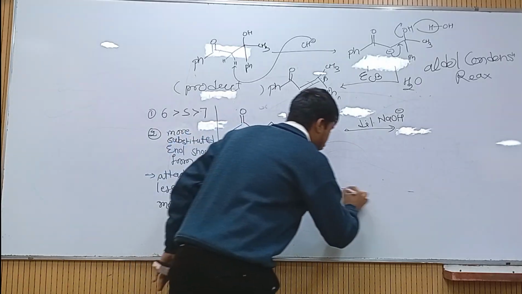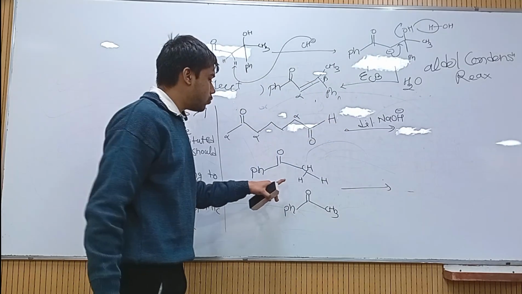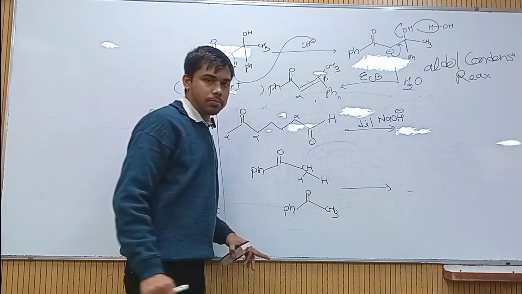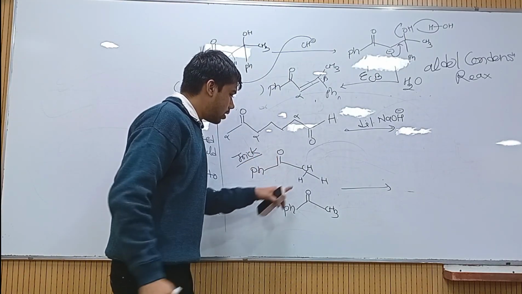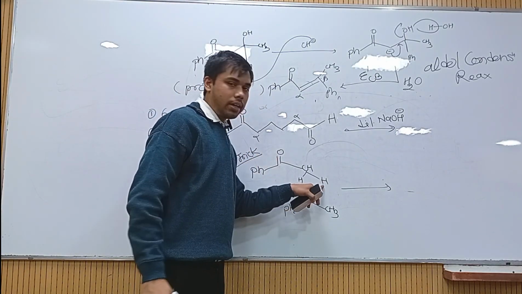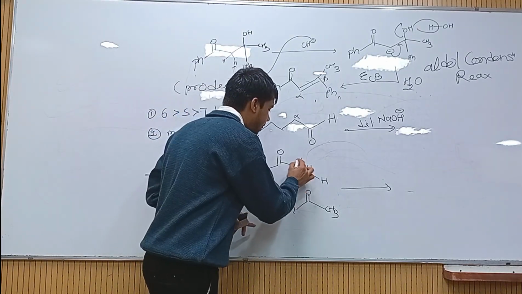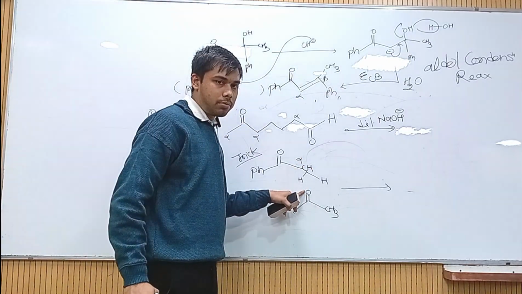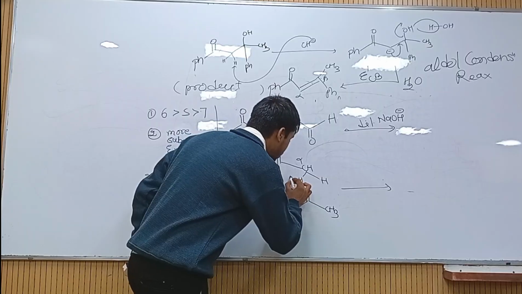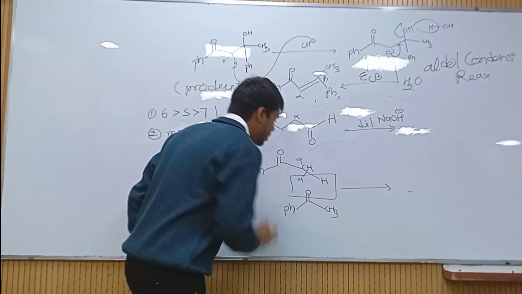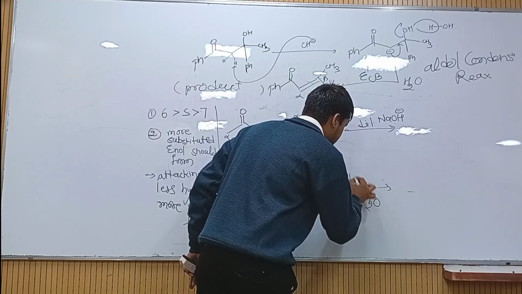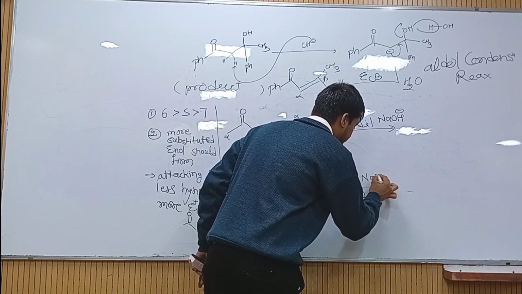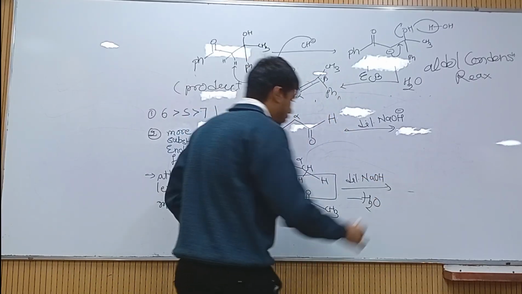So the trick is you have to remove 2 hydrogen, I have already shown the mechanism. So the trick is you have to remove 2 hydrogen from the alpha carbon and the oxygen of the carbonyl compound of another molecule. Just remove this as a water in the presence of diluted NaOH, and then the product will form.